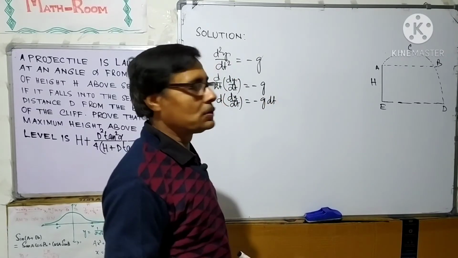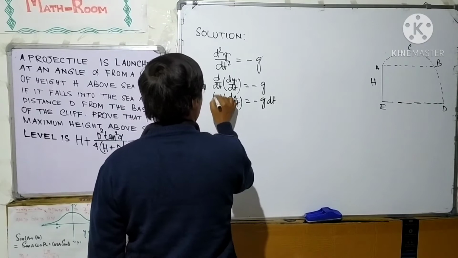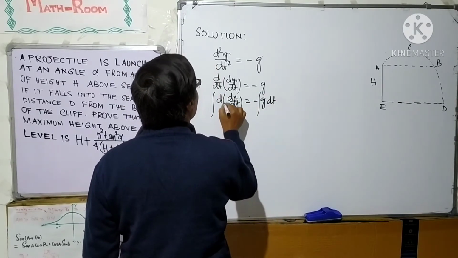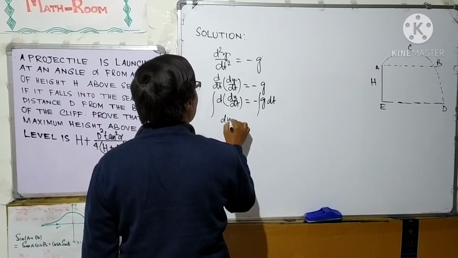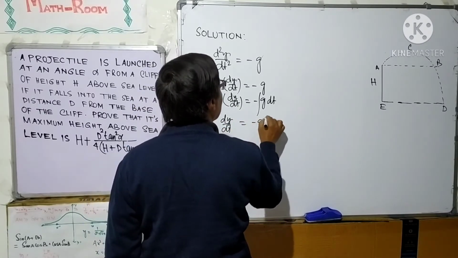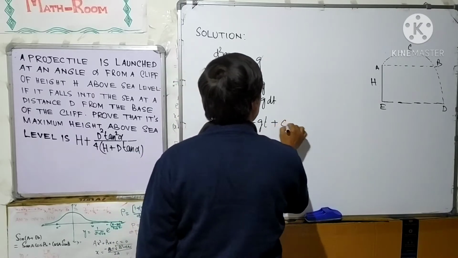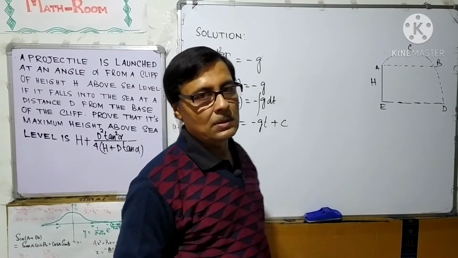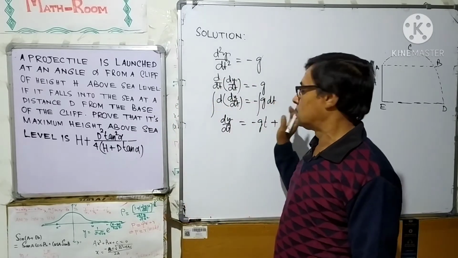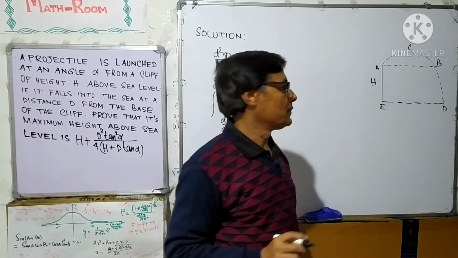If we integrate both sides, we get dy dt equal to minus gt plus c, where g is the acceleration due to gravity which is constant, and c is the integration constant.